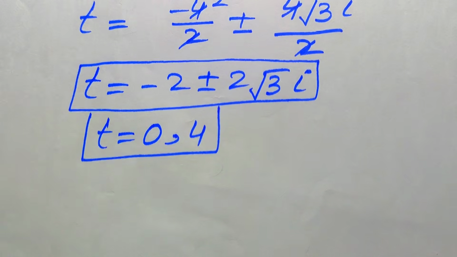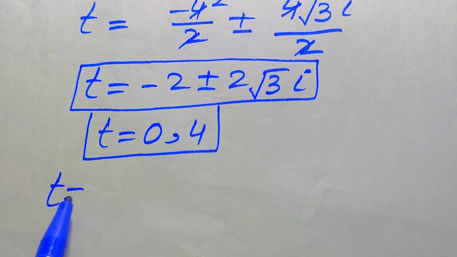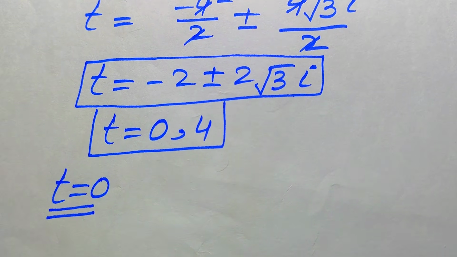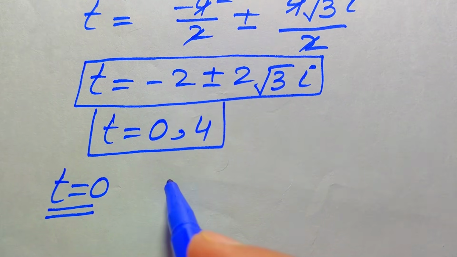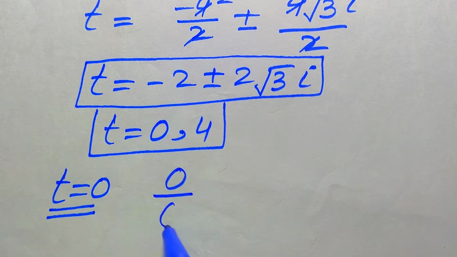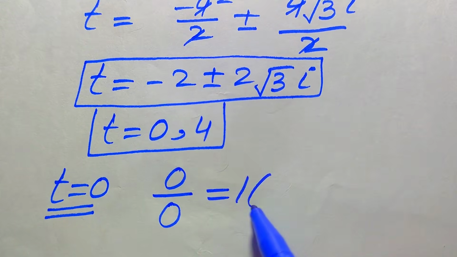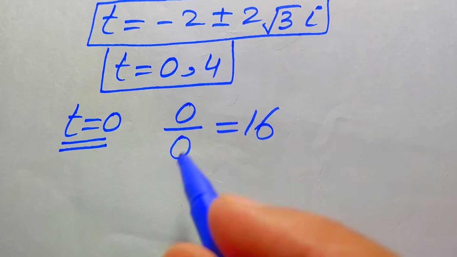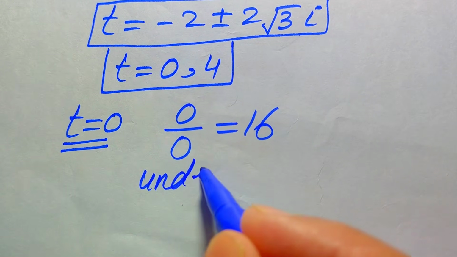But here you see that, for verification, t equals 0 does not satisfy our given question statement. When you put t equals 0 into the given question statement, we get 0 over 0 form equal to 16, and you know that 0 over 0 form is usually called indeterminate form, or it is undefined.